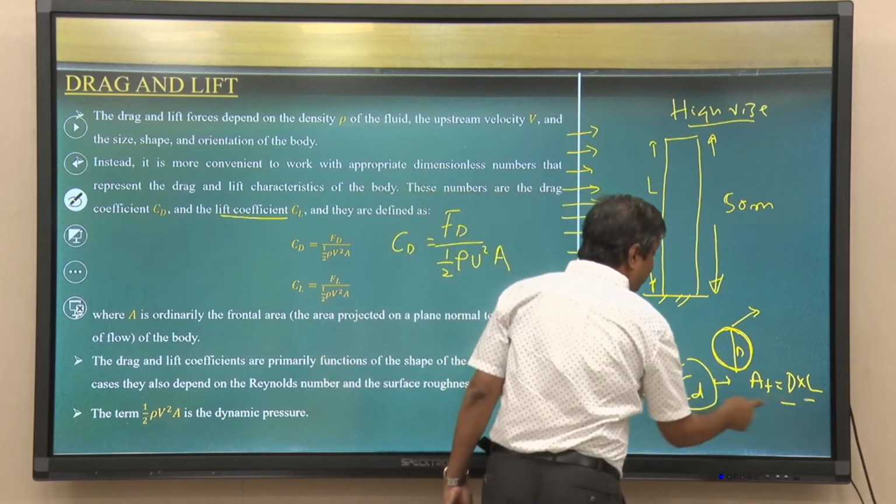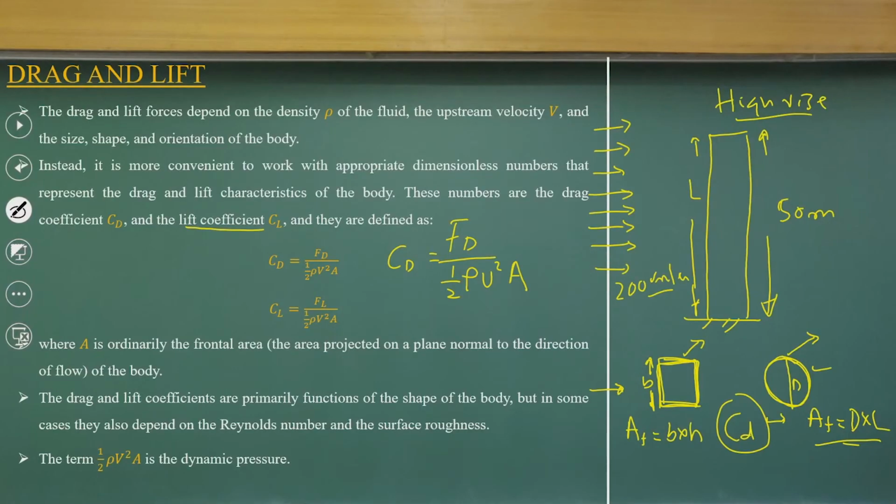So, for the circular case you have a frontal area D into L, and in the case of a rectangular shape, B into H. So, you know the frontal area, you know this CD value, you know the design velocity, you can always compute what the drag force will be. It is a very simple thing.